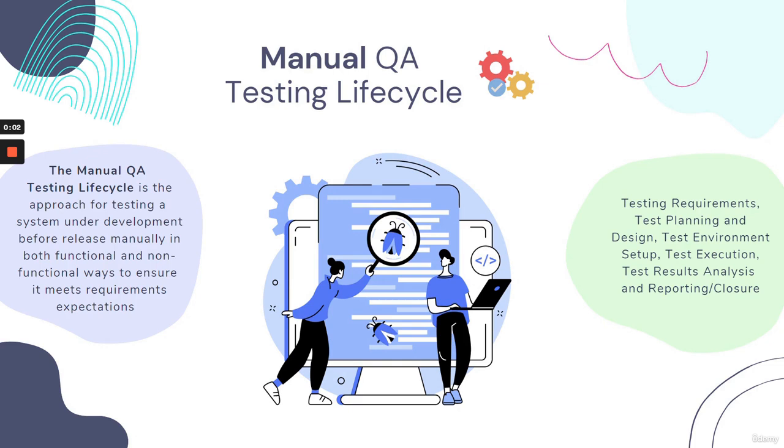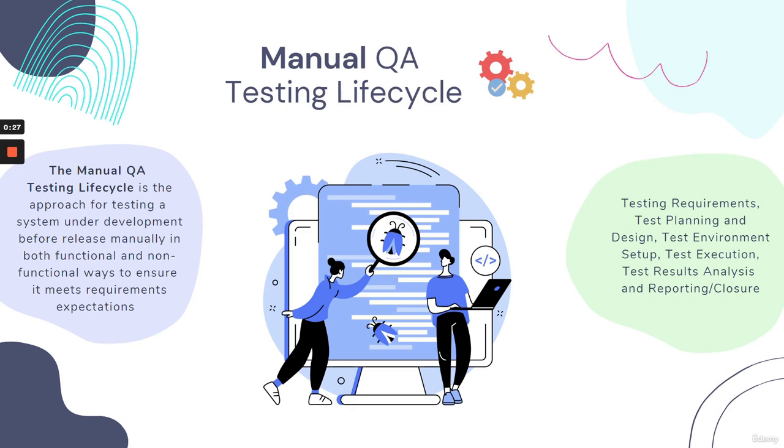Let's discuss the Manual QA Testing Lifecycle. The Manual QA Testing Lifecycle is the approach for testing a system under development before release manually in both functional and non-functional ways to ensure that it meets expected requirements as well as it's bug-free or defect-free.